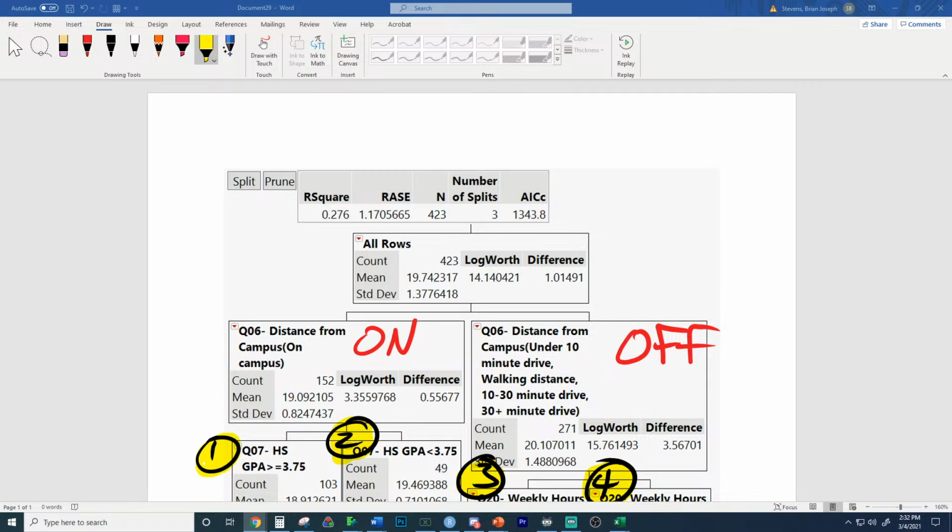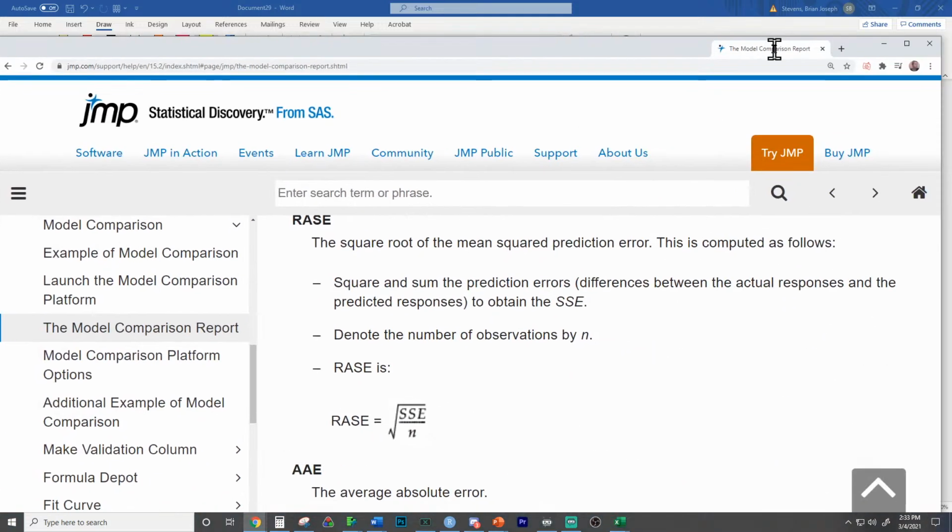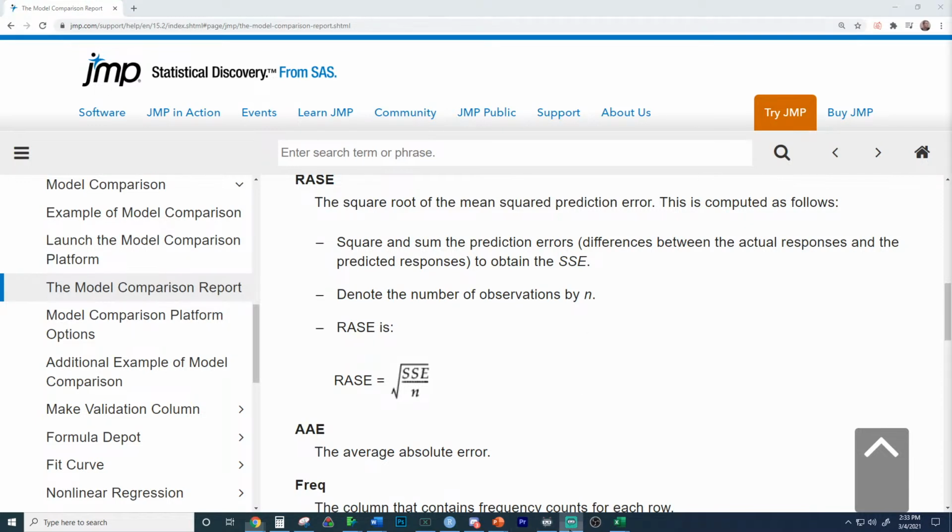It's the sum of squared error over the sample size. Wait, how is RASE different than RMSE? I've got a page up on it right now. Oh, they call it RASE now? No way. Why would they call it that?